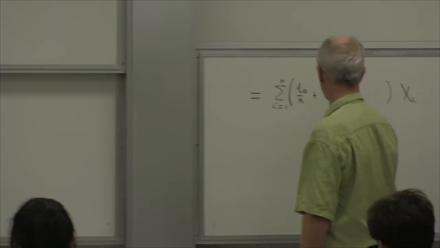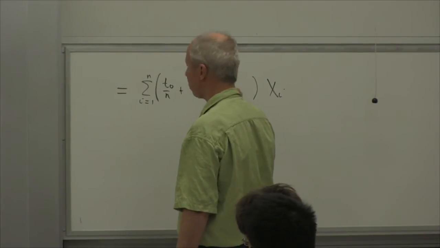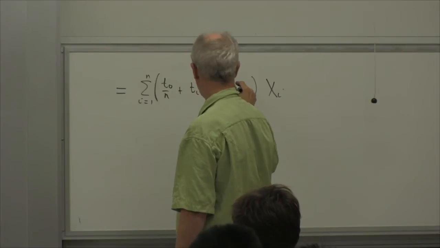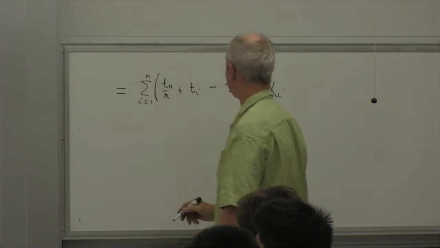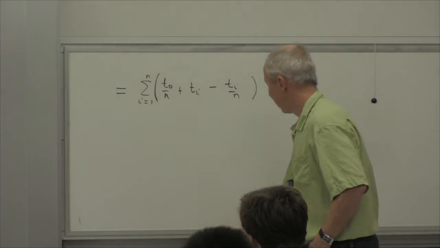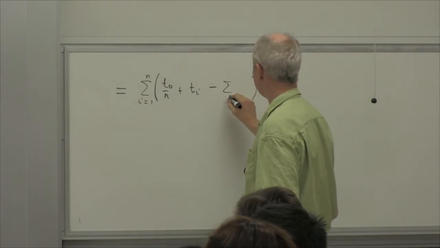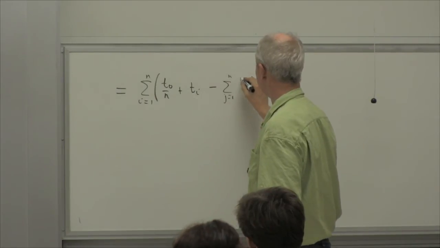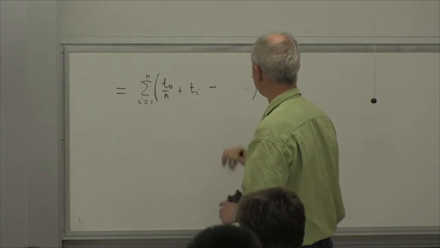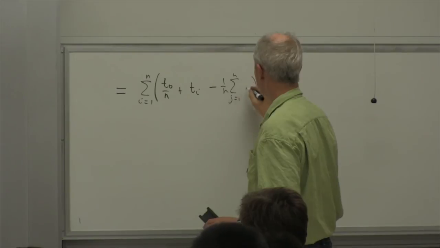And then I get a minus ti over n. Minus what? The sum, j equal 1 to n, of tj over n. I'm going to write that this way: 1 over n, sum j equal 1 to n of tj.